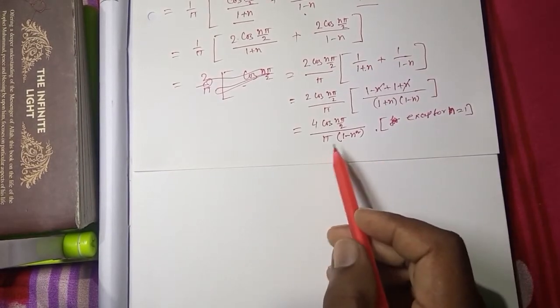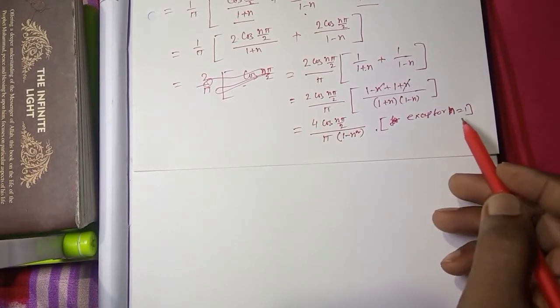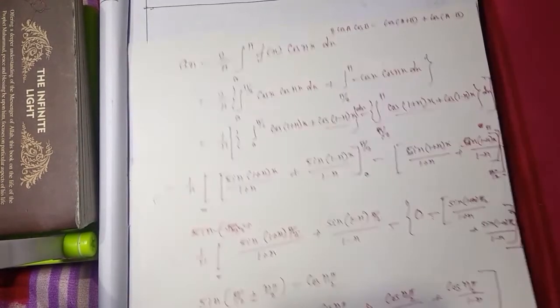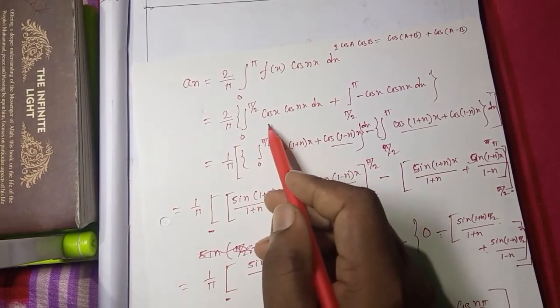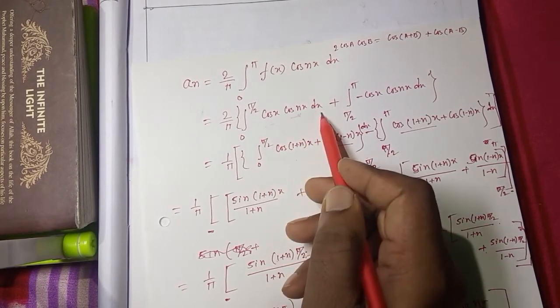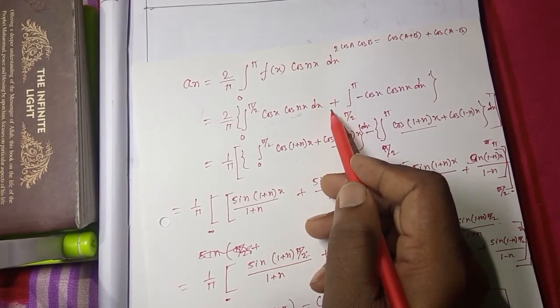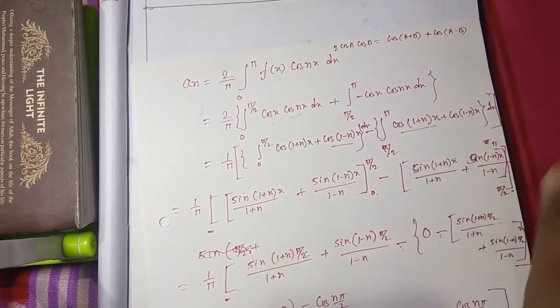If we put n equal to 1, this term gives infinity, so we compute for n equal to 1, a1, which is cos x into cos x, cos square x dx, plus minus cos x into cos x, for n equal to 1 as cos square x.